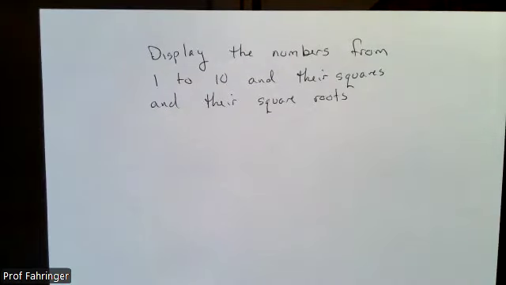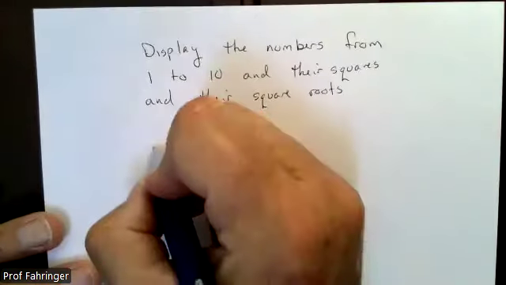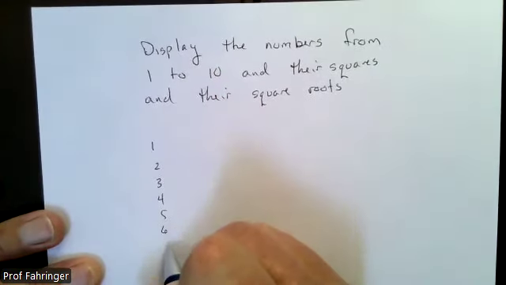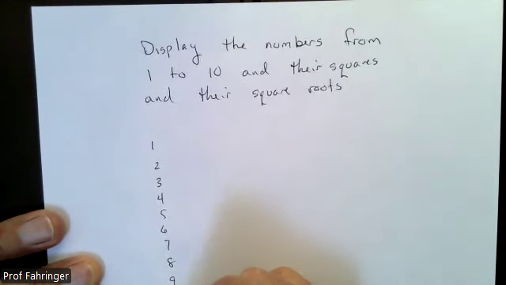I've got to make sure I understand the problem. So my first question is, what? Display the numbers from 1 to 10: 1, 2, 3, 4, 5, 6, 7, 8, 9, 10.